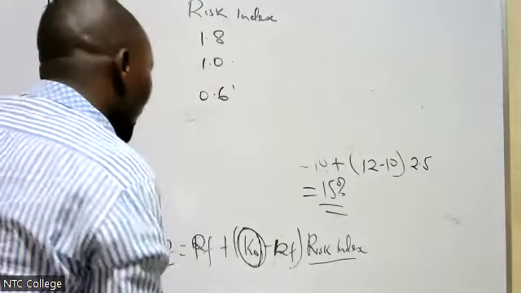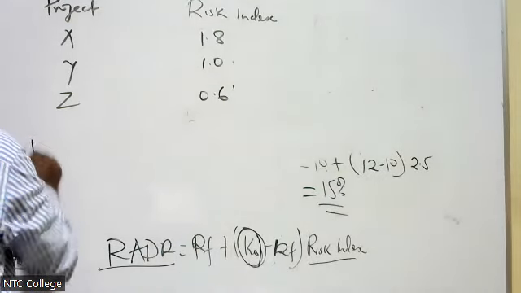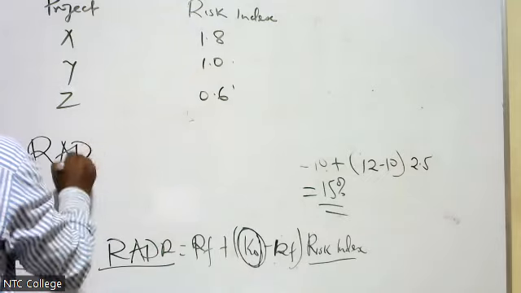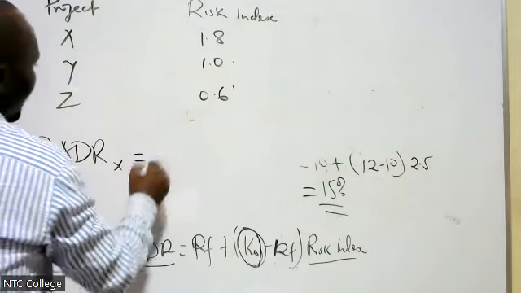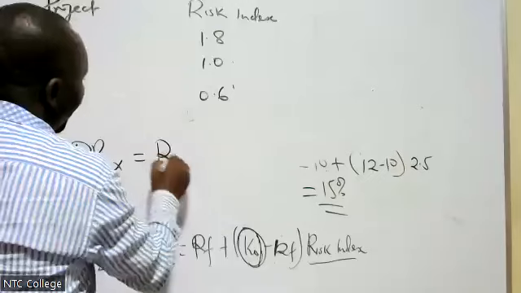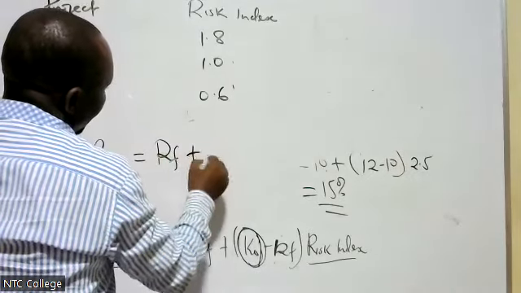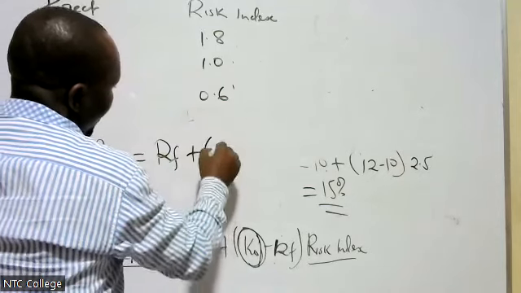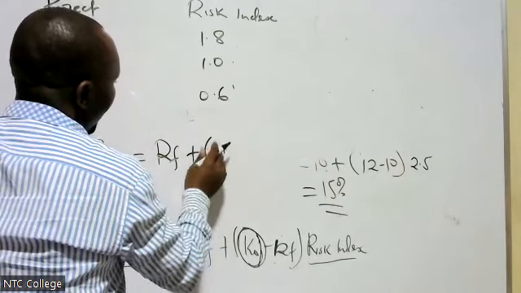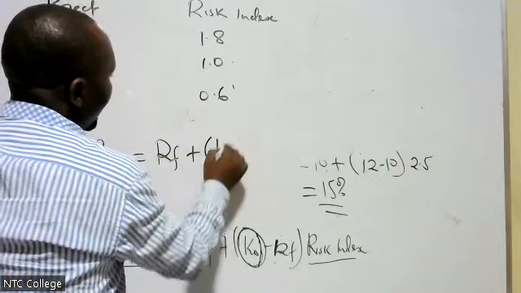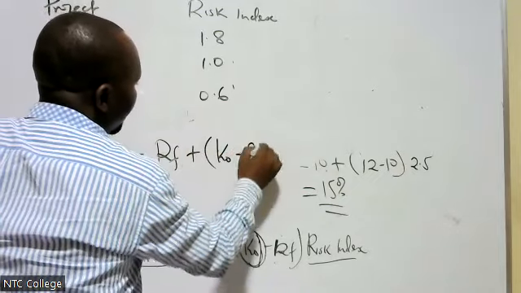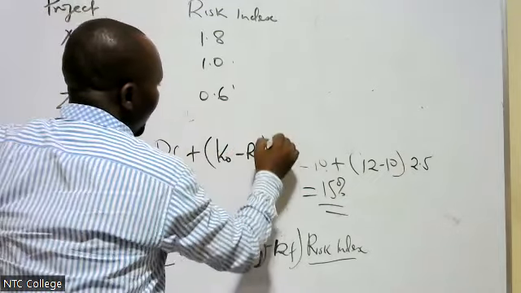So you can say our RAD, which they wanted, RAD for X is equal to RF plus, in fact, RS plus KO minus RF, into risk index.